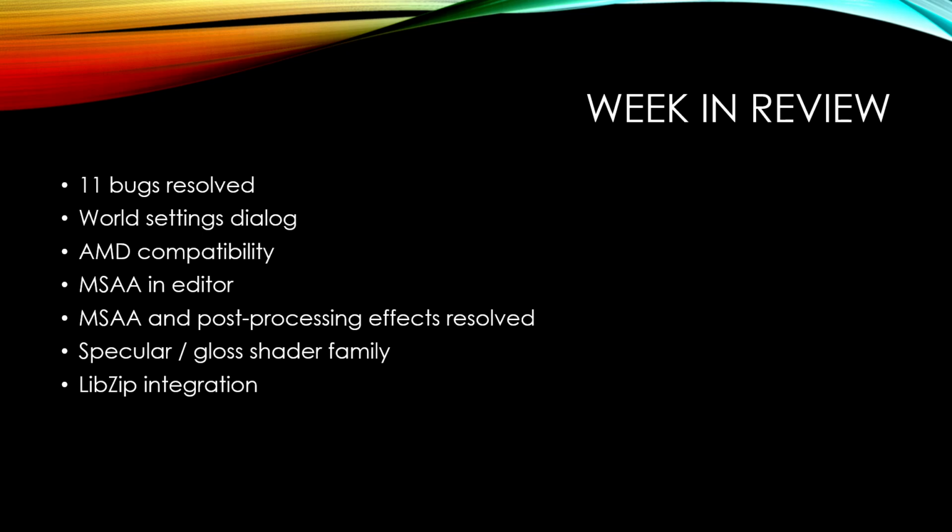I resolved some issues having to do with MSAA and post-processing effects, and I'll explain that in more detail in a few minutes. Added the specular gloss shader family that was missing for the new rendering backend, and then finally, just yesterday, libzip integration was added, and I believe this solves all of the small issues that we had with zip files.